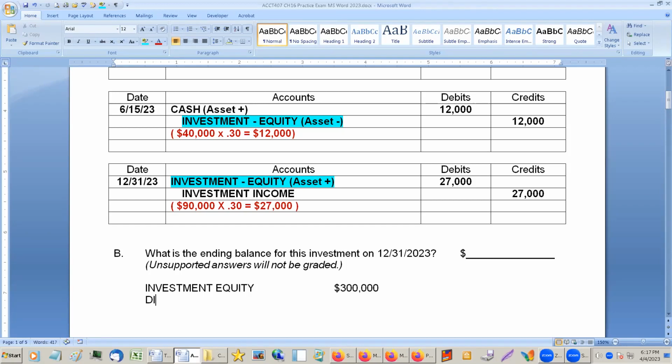We had dividends, and that reduced it by 12,000. And then we had income, and that increased it by 27,000.